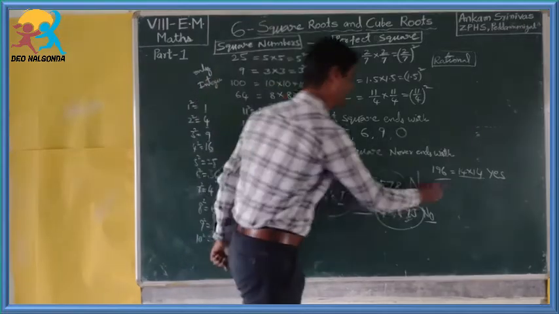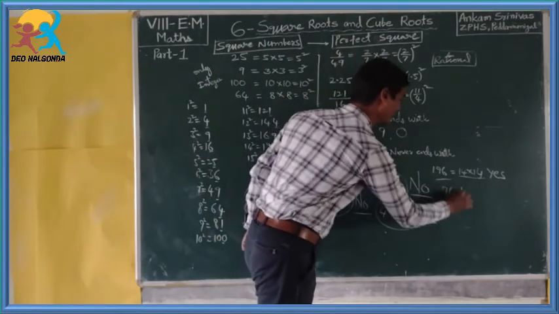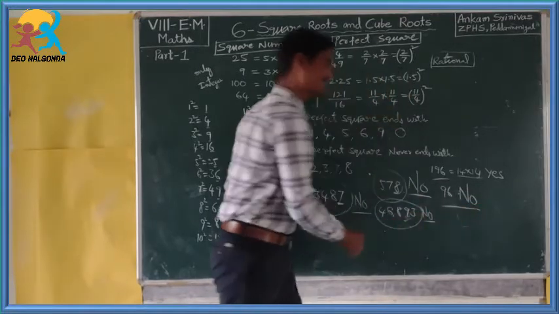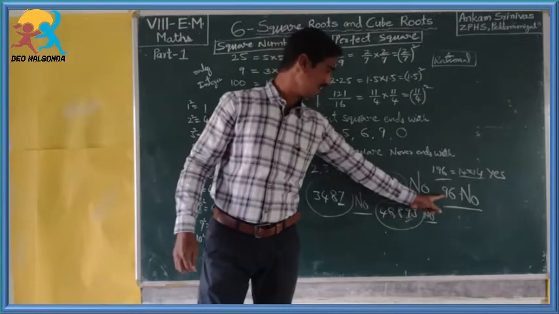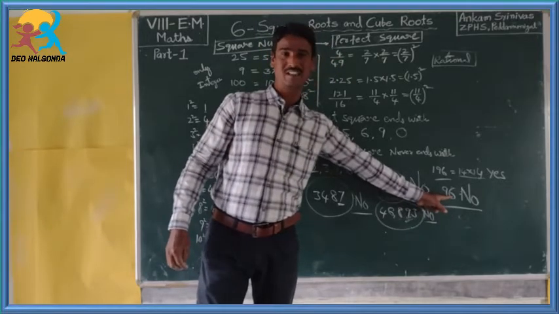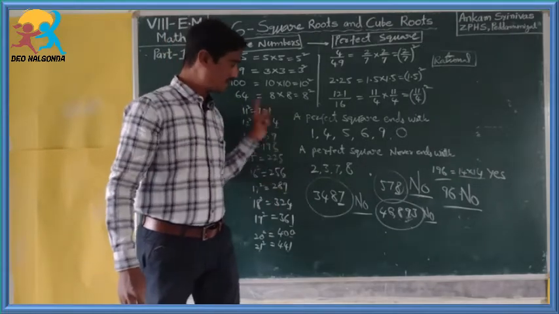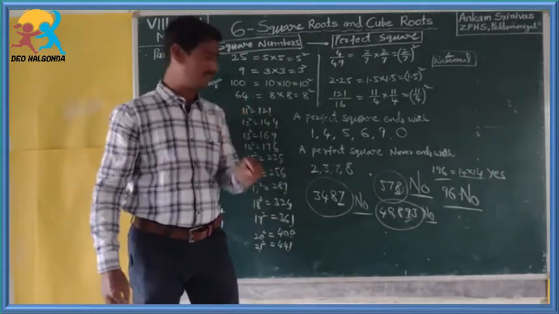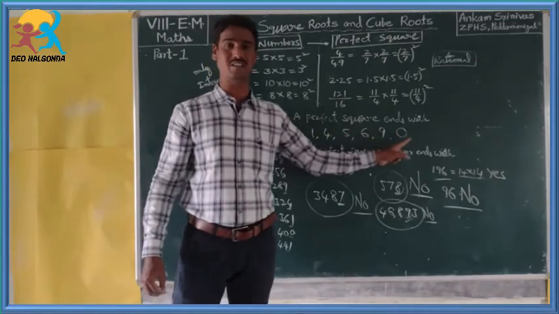Suppose if I take here 96. 96 is not a perfect square. Here it ends with 6 only. Clearly observe, children, a perfect square ends with only 1, 4, 5, 6, 9, 0.